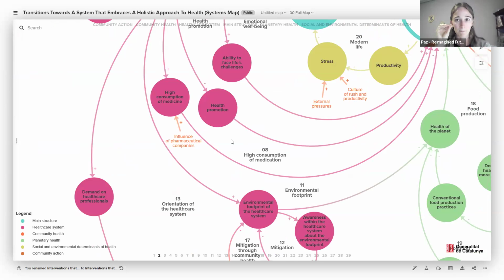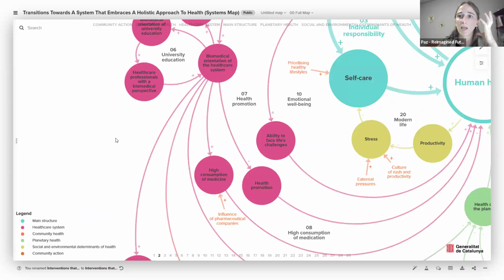I should check, but I'm almost sure that it's not considered in that 60%. So it will be outside this biomedical approach. I'm not 100% sure whether the 60% includes primary care or not, but primary care is key for the prevention and promotion of healthcare, and that's why my question.